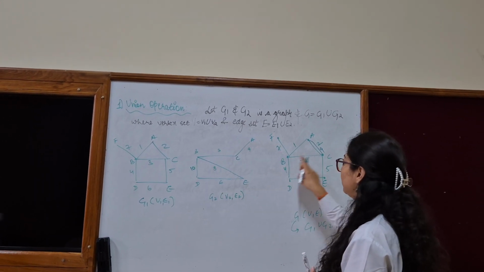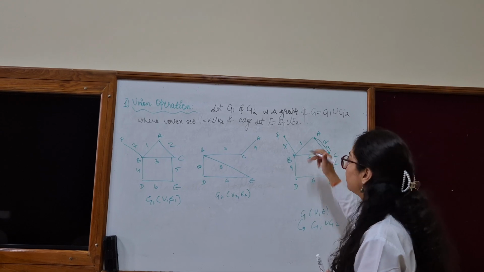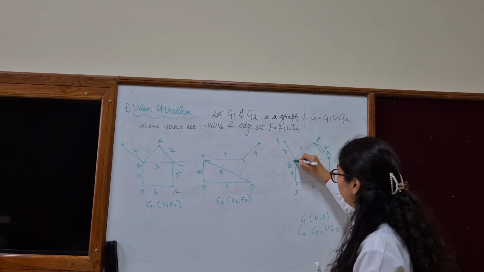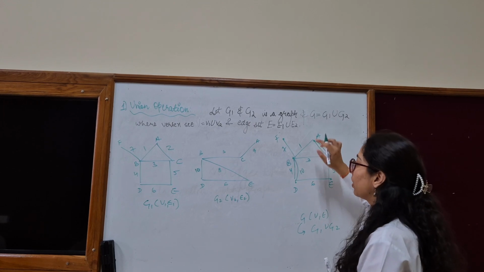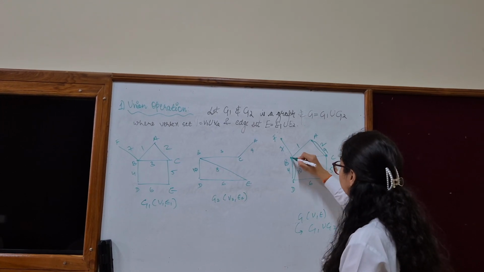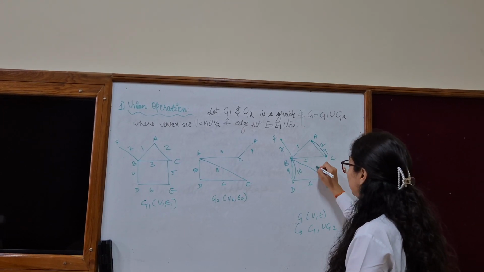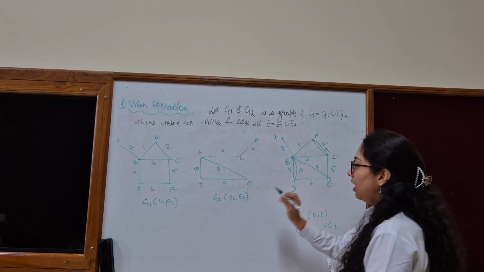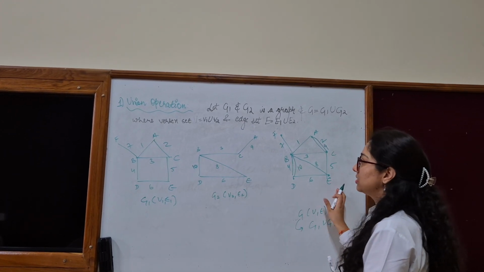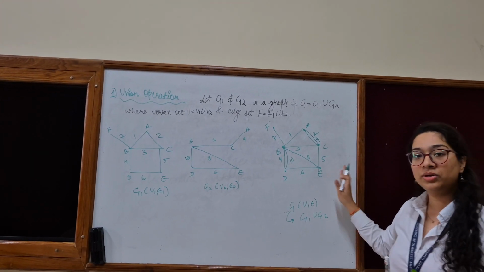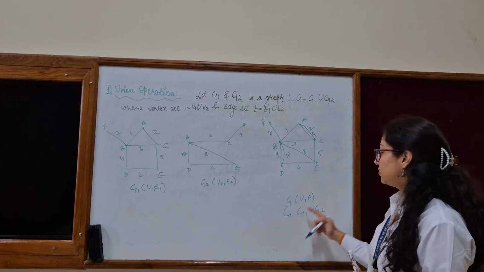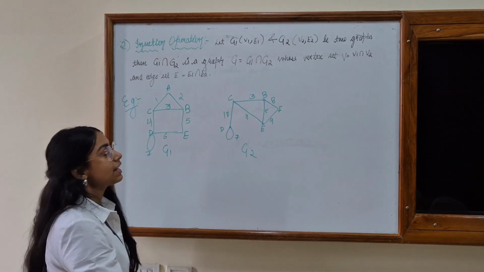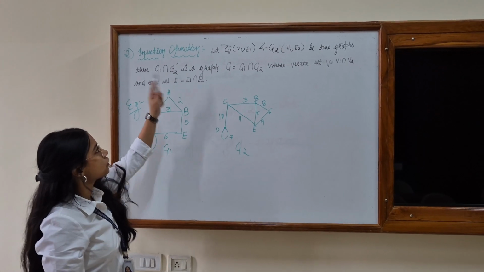Then BC is 3, which is the same edge here. Then BD is 10. We draw another edge, weighted 10. Then we have BE. We join the edge BE here with weight 8. And DE is 6, which is the same here. So now we have formed a graph G, with vertices V and edges E, which is the union of the graphs G1 and G2.